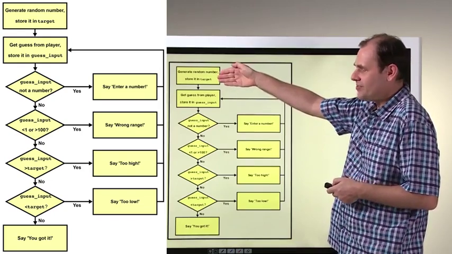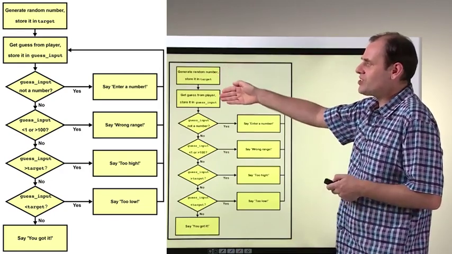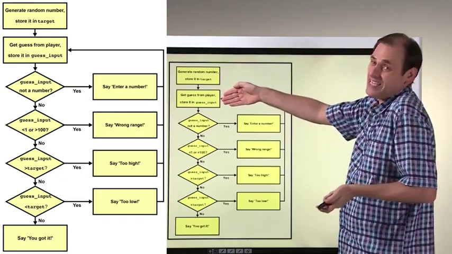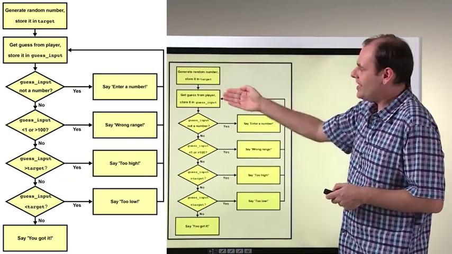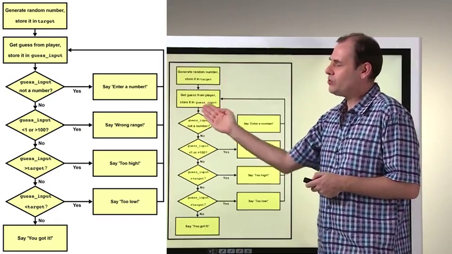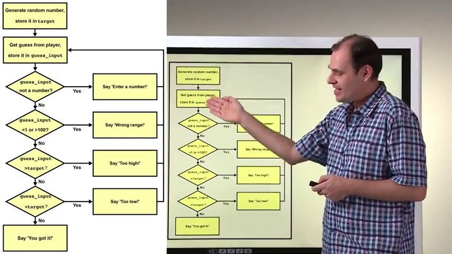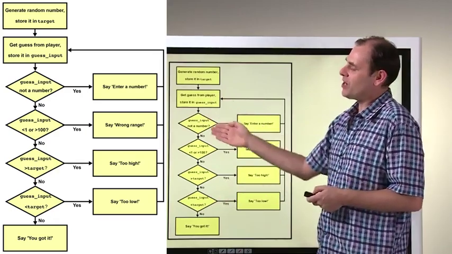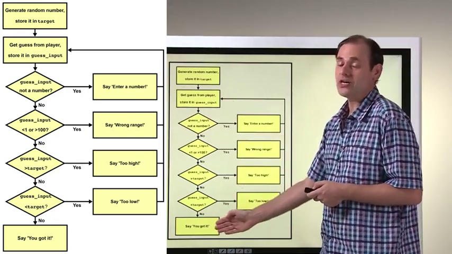He has to get that number in target. So then you get some input from the player and you store it in another variable, guess input. And so then we look at guess input. We look at that number and then we go through and check. We have a series of checks, and if it passes all of those checks, you got it correct.